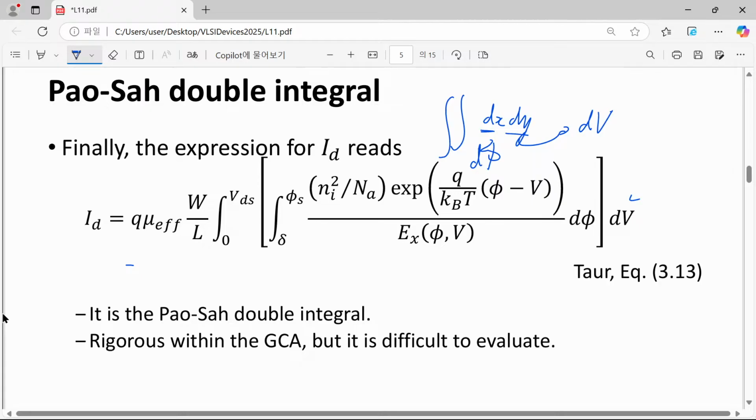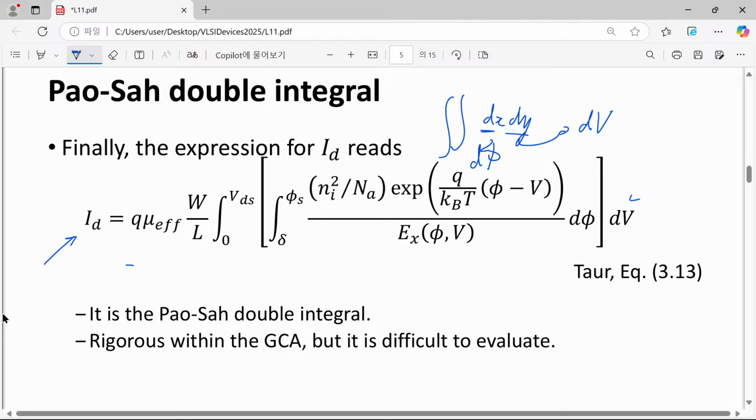Maybe you can ask me, already we have seen many approximations, gradual channel approximation, and neglecting vertical current component, and also mobility is regarded as a constant, whatever. However, this is not that big a deal. So we believe that this is rigorous enough to be used as our reference. So this is Pausa double integral.